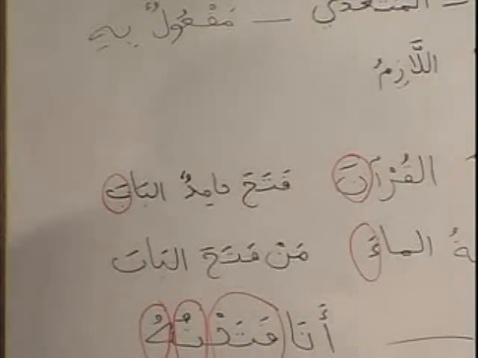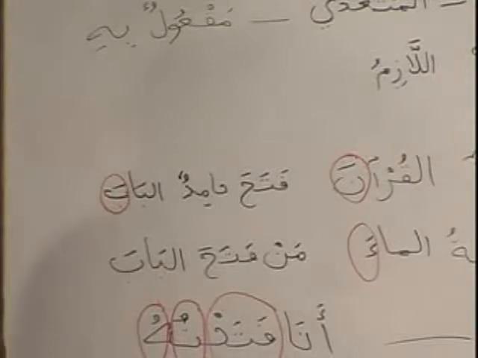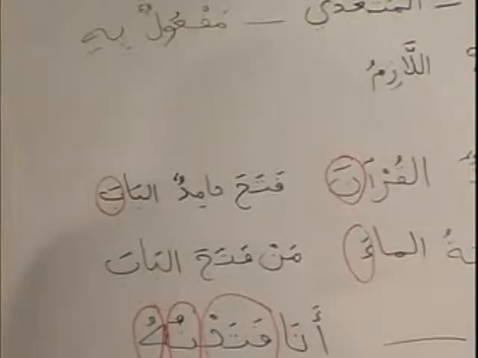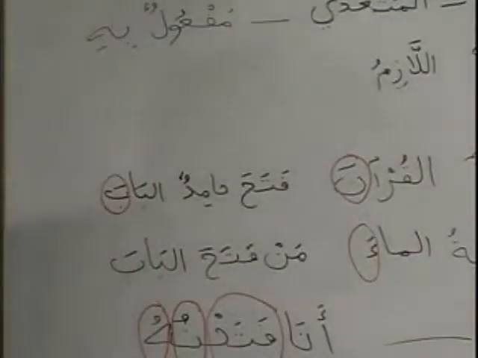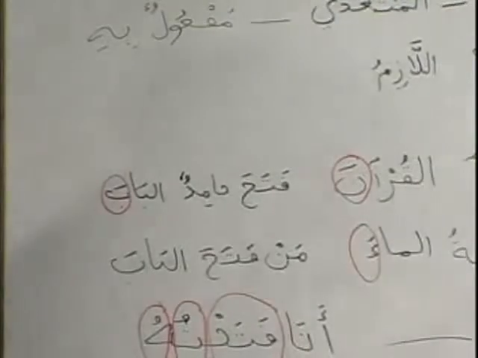So in other words, the damir can come as a maf'ulun bihi, and when the damir will come, it will always be attached, because this damir is damirun muttasilun, attached pronoun. It cannot come separate. We are going to learn about separate pronouns when they are mansub in book 3, inshallah.